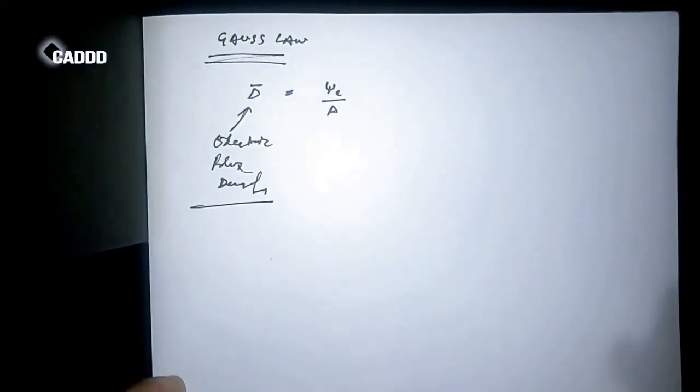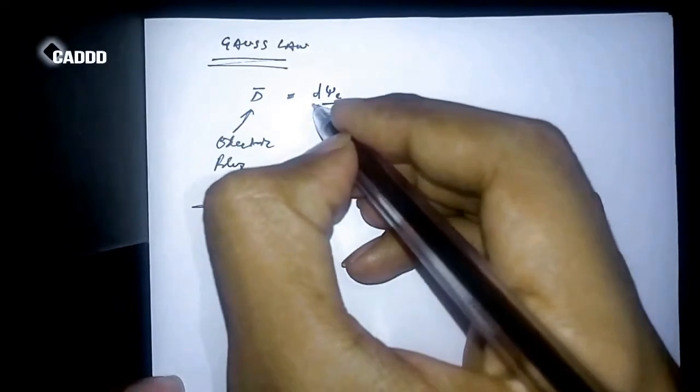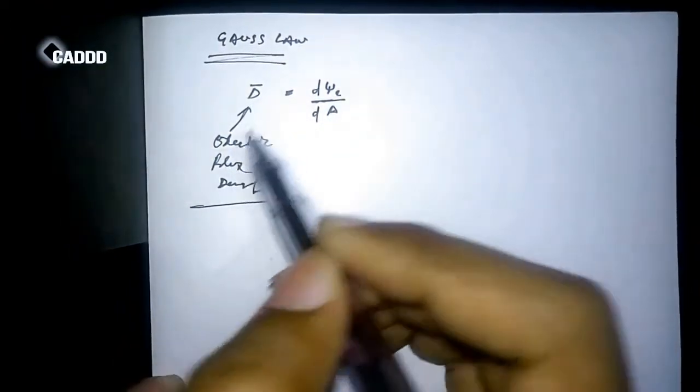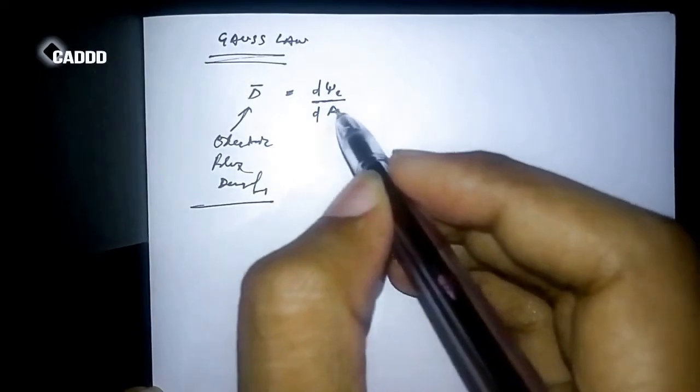If we are considering a small amount of flux and a small amount of area, which is dA, so let's write d here. This is electric flux density, which is equal to a small amount of flux per unit small amount of area. Now let's take this dA to that side.